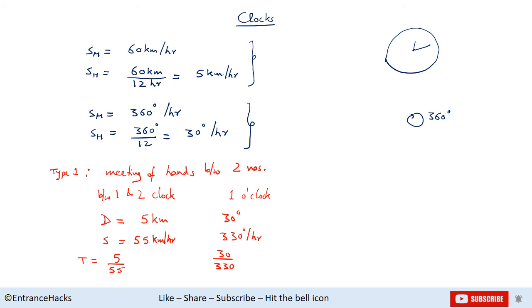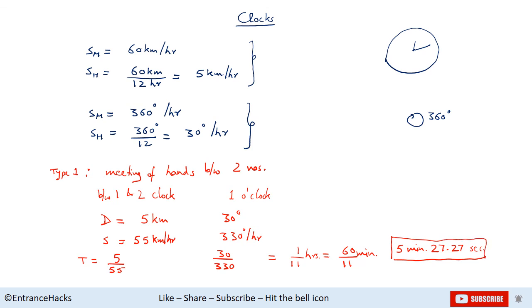In both the cases it is coming as 1 upon 11 hours, which is equal to 60 upon 11 minutes, which is equal to 5 minutes and 27.27 seconds. This is a general value which you can learn, and it can be used anywhere, right?